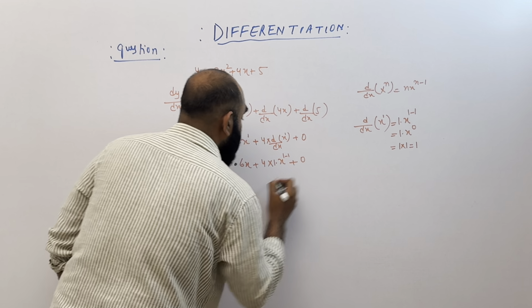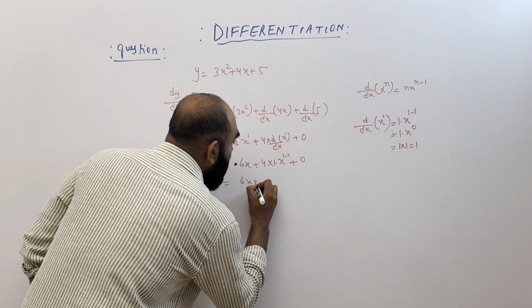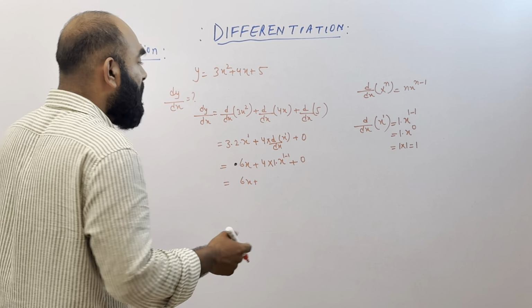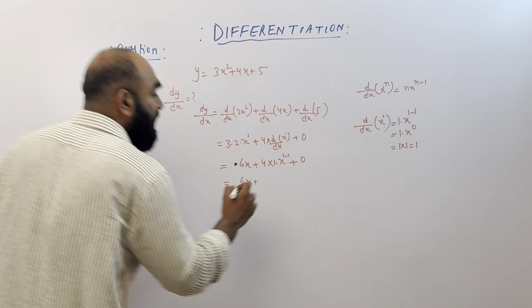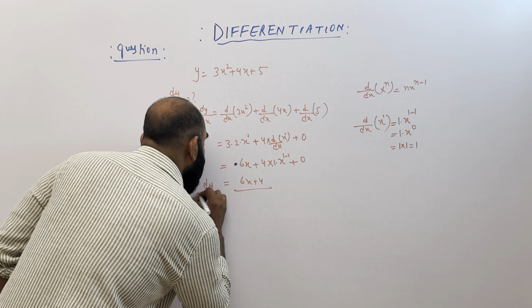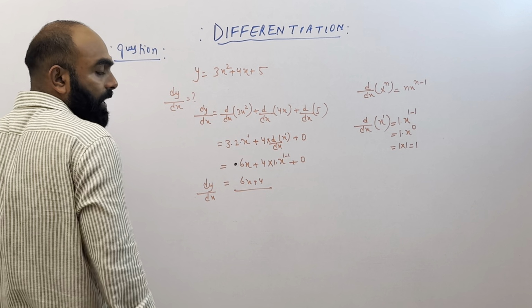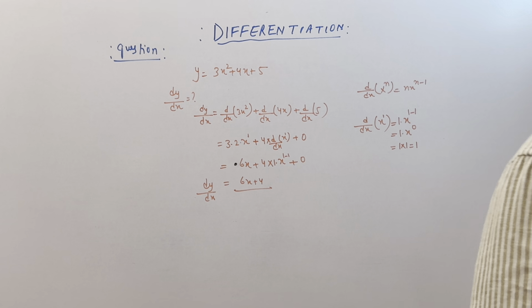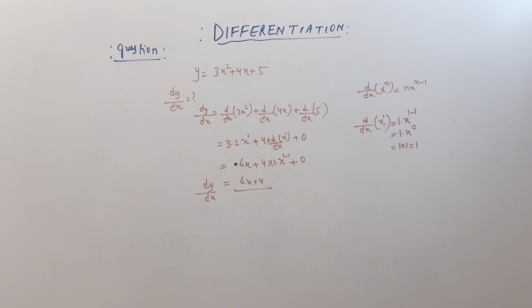Plus here 0 is there. So it will become 6x plus 4 into 1, that is 4 only, and plus 0. So this is the differentiation dy by dx: 6x plus 4.